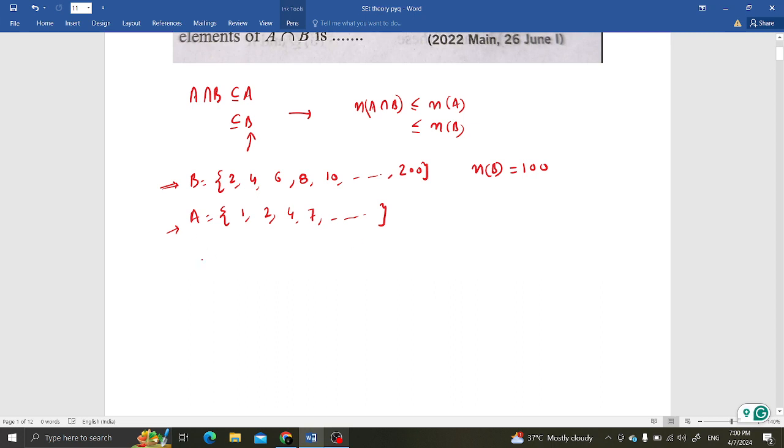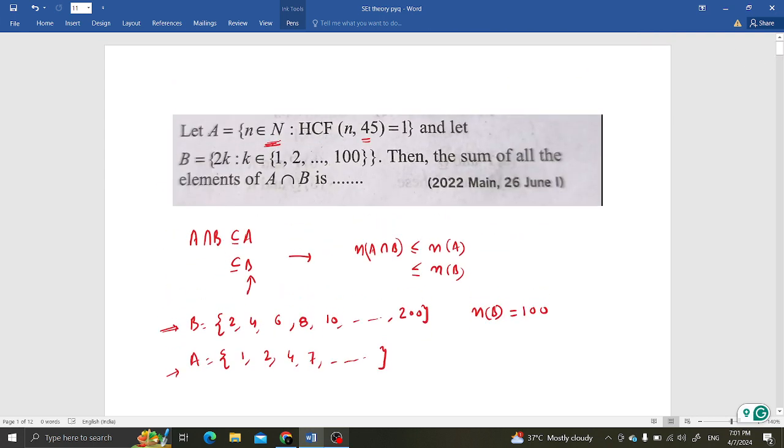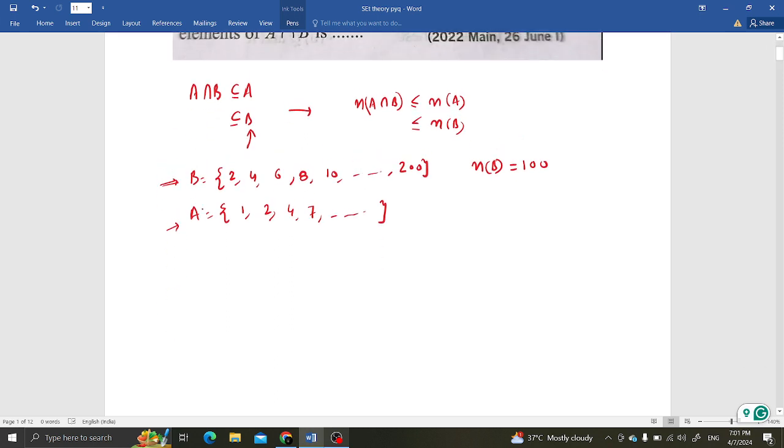Now they are saying that in A we have those elements whose GCD with 45 is 1. So first of all, I will take the sum of all the elements: 2 plus 4 plus 6 plus 8 up to 200. This is the total sum. From this total sum, we need to subtract some elements.